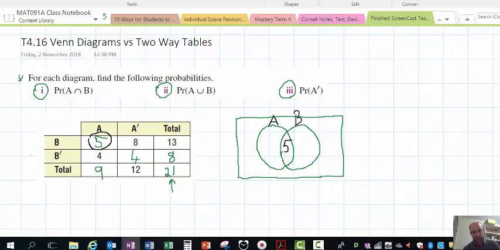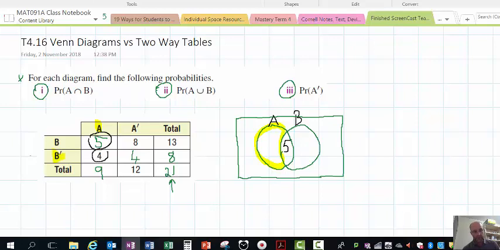Now, we need stuff to go into this part of the Venn diagram: stuff in A but not in B. So we look for stuff that's in A, which might be in that column, and not in B, which should be 4.